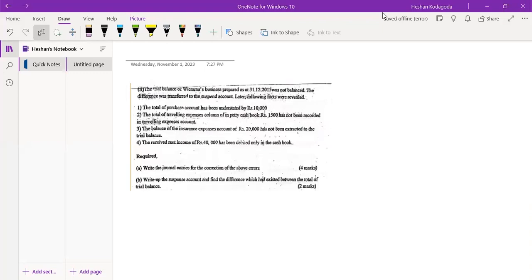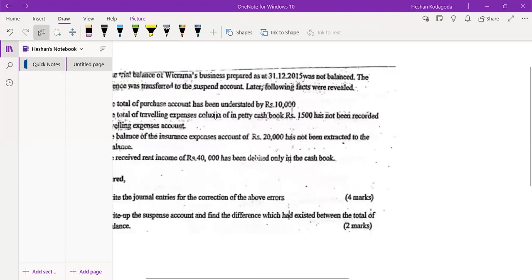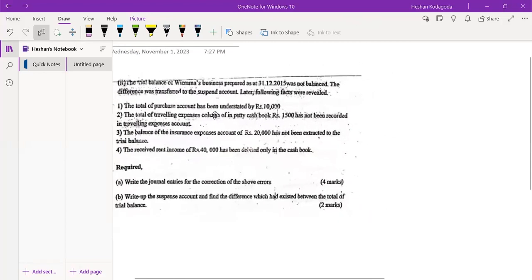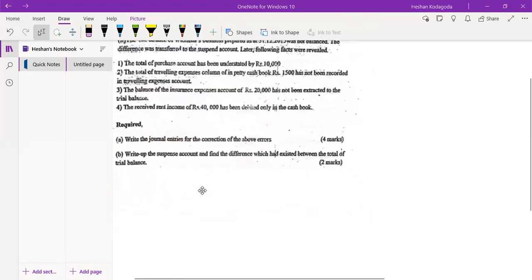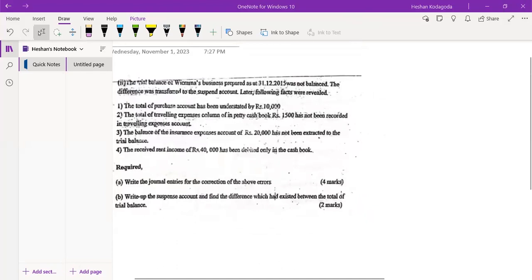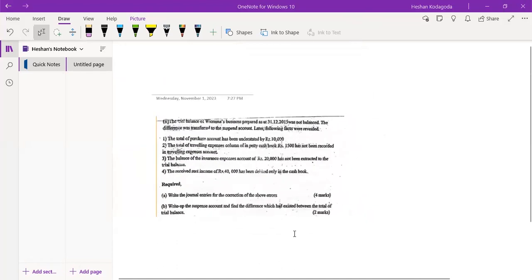Right, okay, guys. Now I'm going to do this one. This is question number 6 in Western Province 2016 paper, and this is Roman number 2. So this is error correction. The trial balance of Vikrama's business prepared as at 31st December 2015 was not balanced.